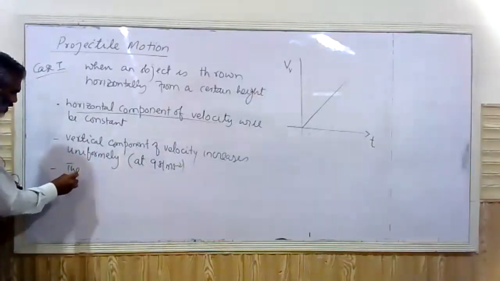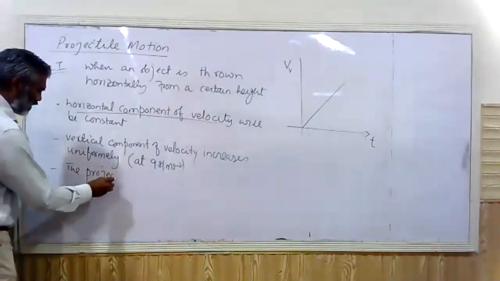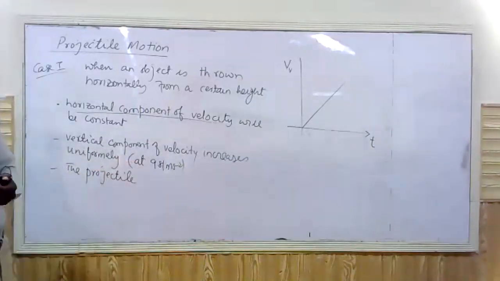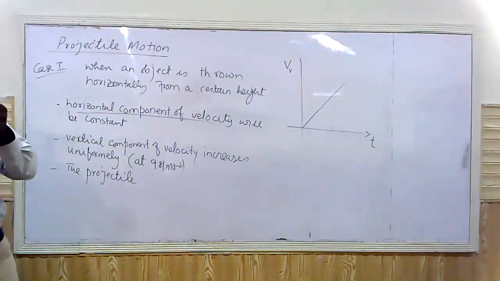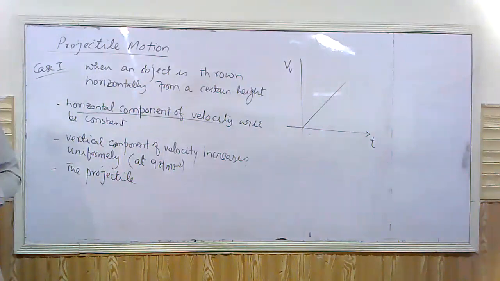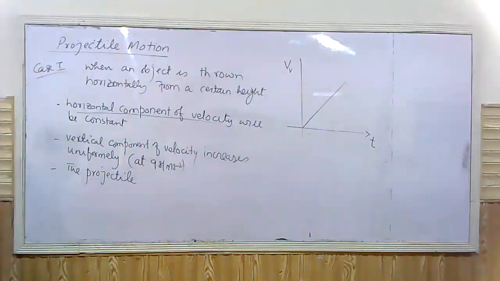The projectile in this case, it may be a bullet, it may be a stone that you have fired, it may be an arrow you have thrown with a bow or anything, is initially moving in this direction and then ultimately follows a curved path.